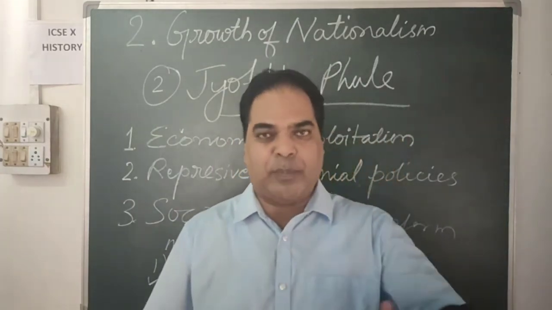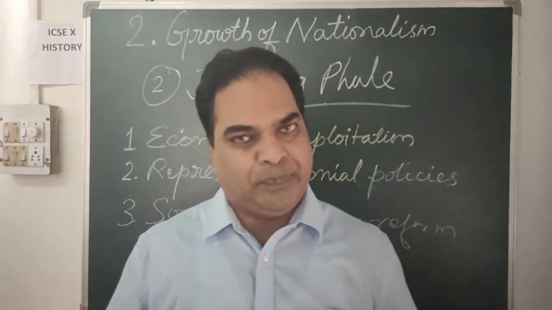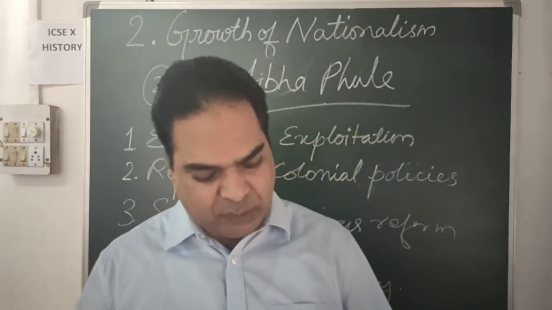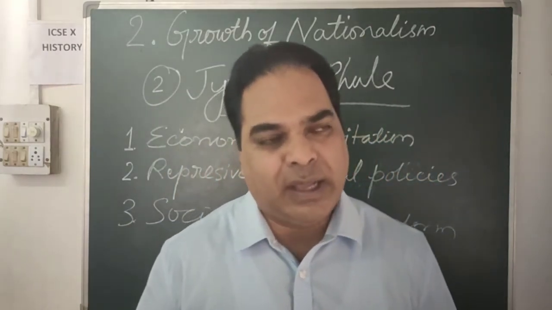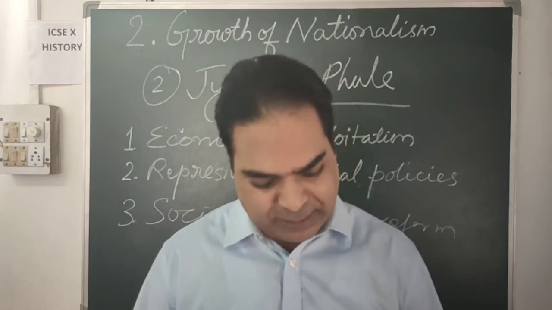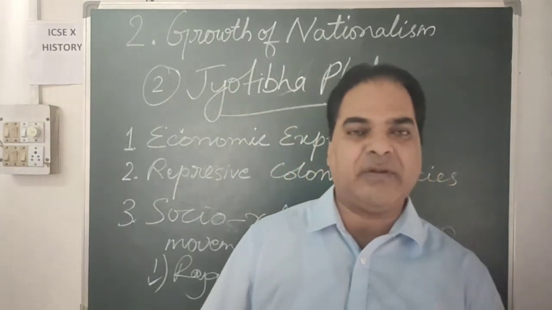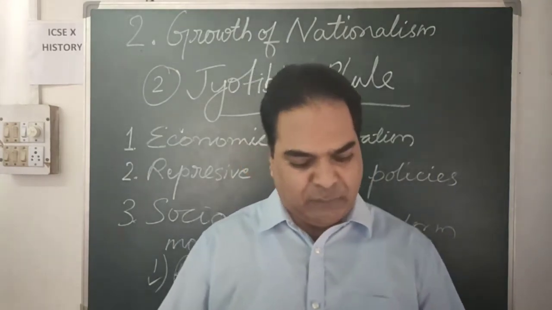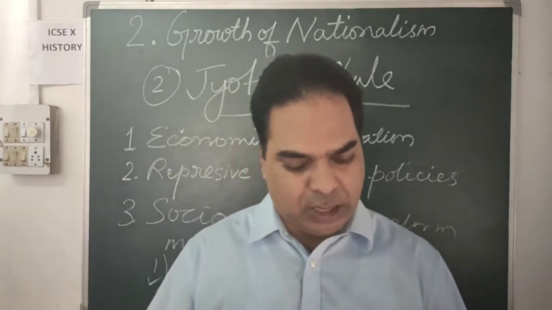In acquiring proper education, his caste became the biggest obstacle. So what did he do? He wanted to work for educating girls. That is why he established the first girls' school in the year 1848. In 1848, the first school was established in Maharashtra for providing education to girls.